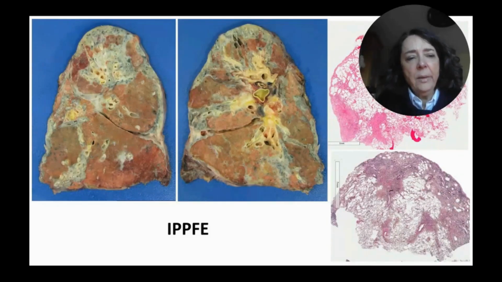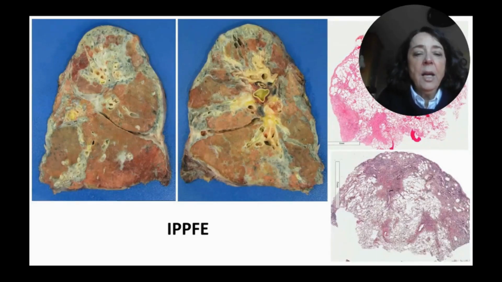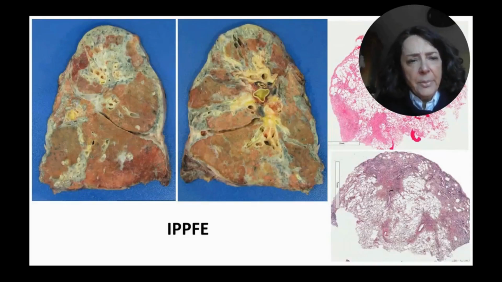Please don't make this diagnosis if you have a smoker with an apical cap. The histological features are identical. However, an apical cap is an apical cap. So you have this type of fibroelastosis in the upper lobes. It is limited, however, it can extend a little bit.